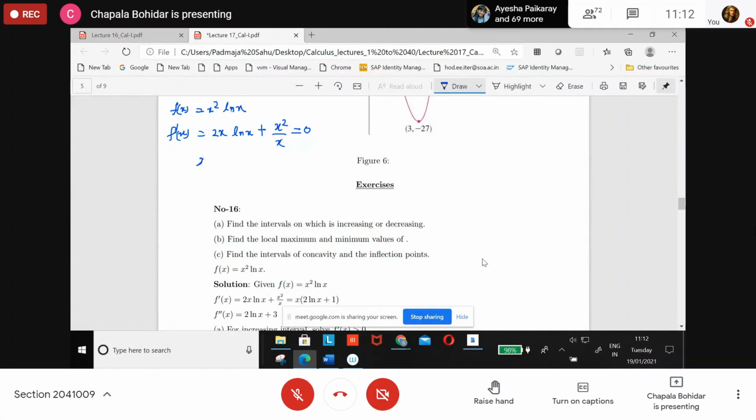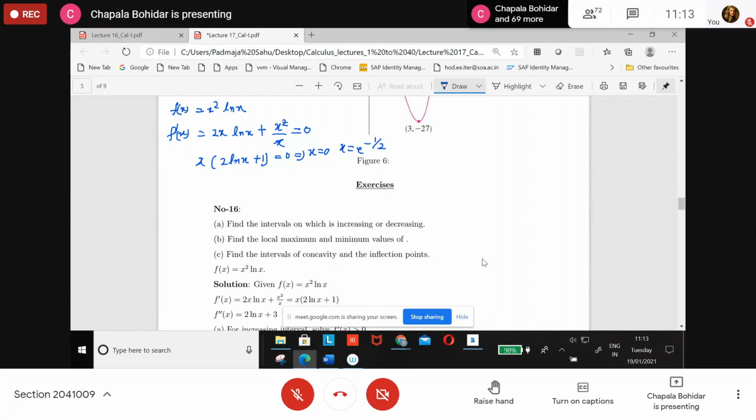It is x times 2 ln x plus 1 equal to 0. This implies x is equal to 0, then x is equal to e to the power minus 1 by 2. All of you got this value?